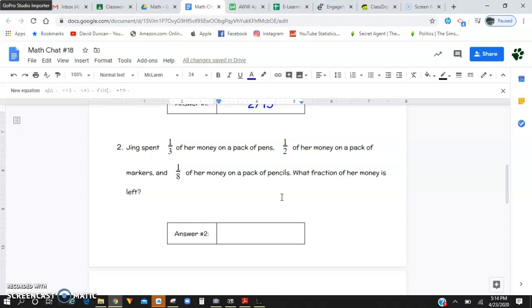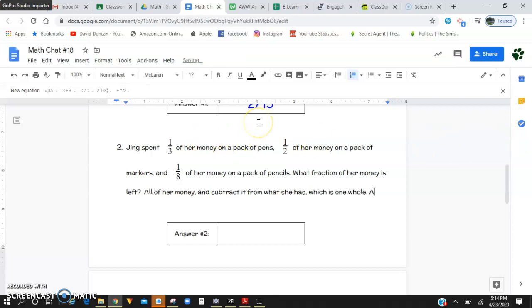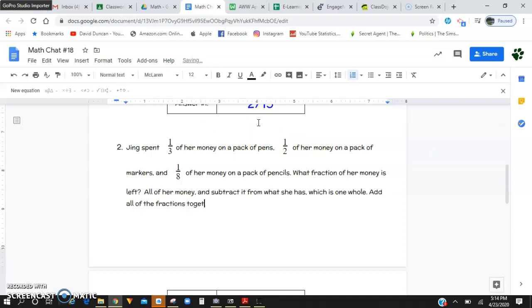I'm going to start you guys off by giving you a hint. We want to take all of her money, which is 1 whole, and subtract what she spent. So essentially, you are going to add all of the fractions together, then subtract the sum from 1 whole.